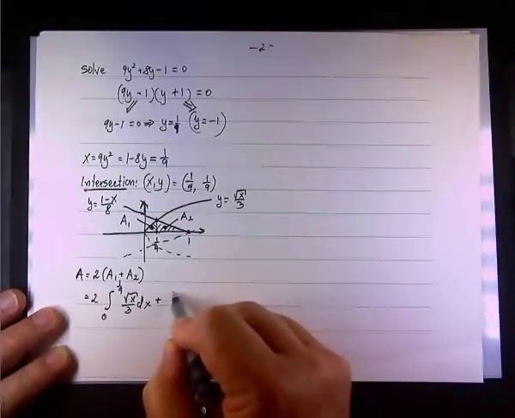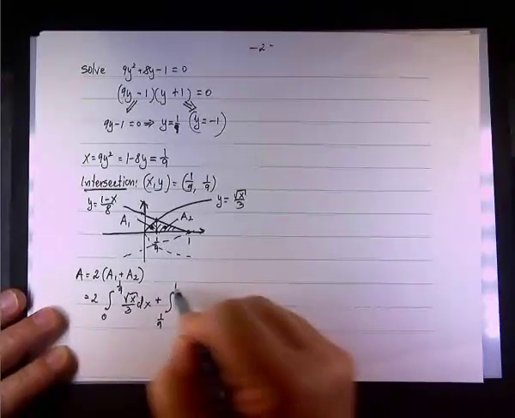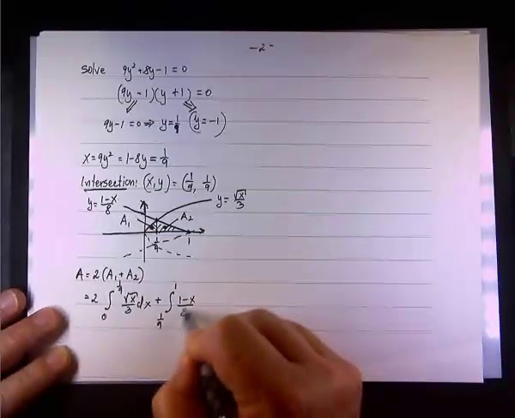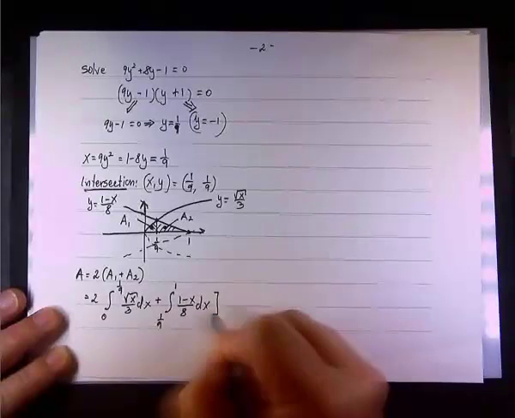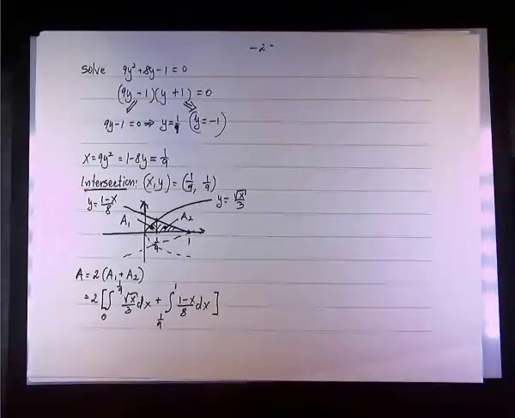So it will be plus the integral. This time we go from 1 over 9 to 1 of 1 minus x over 8 dx. And that's it. I'm going to stop here. I'm not going to calculate it because this is something that you can do by yourself.